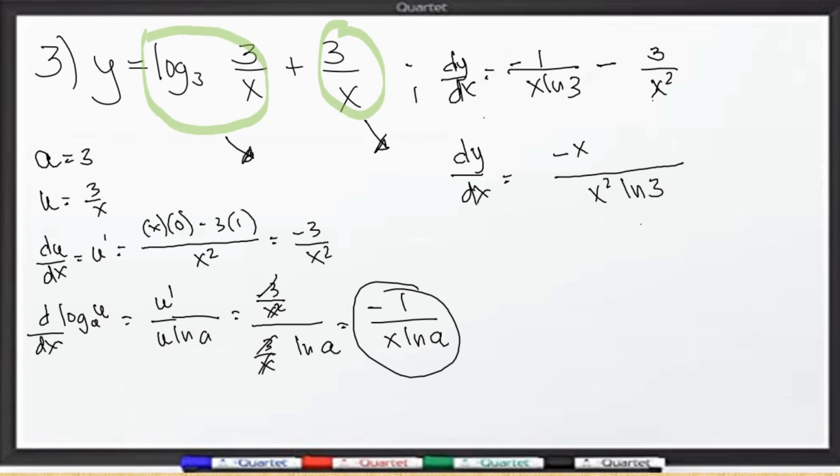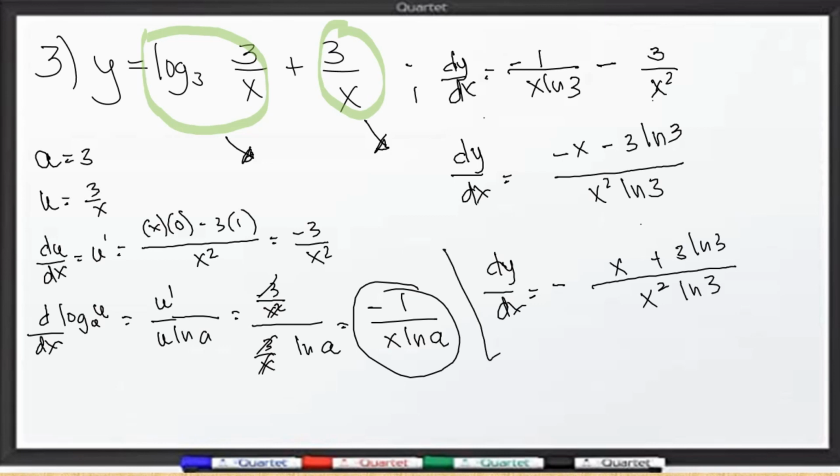Tapos, dito naman, kapag dito mo minultiply, may matitirang minus 3 ln of 3. So therefore, dy over dx will be equal to negative x plus 3 ln of 3 over x squared ln of 3. And this will be our final answer.